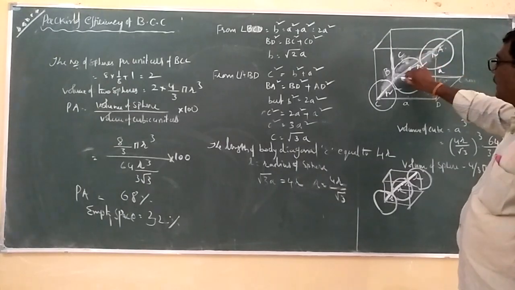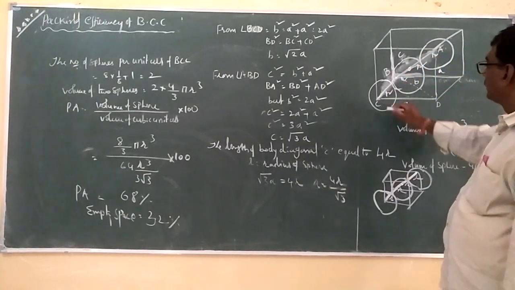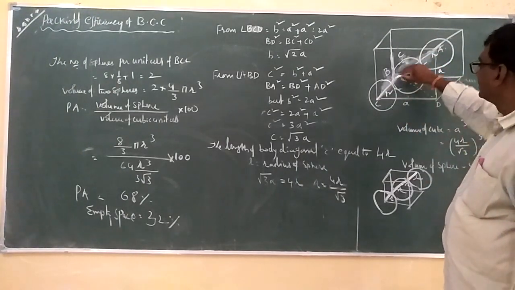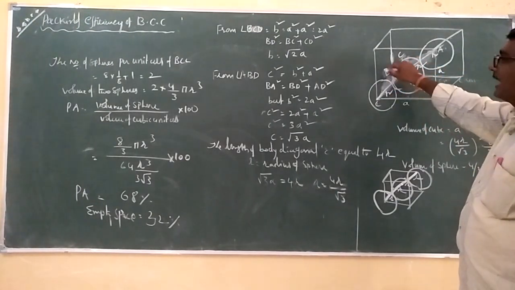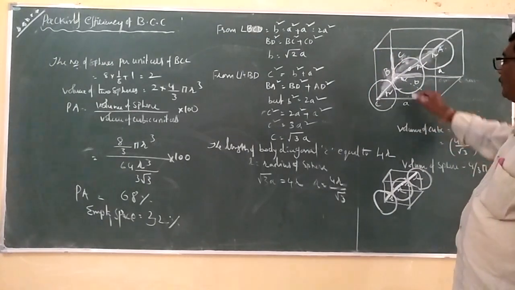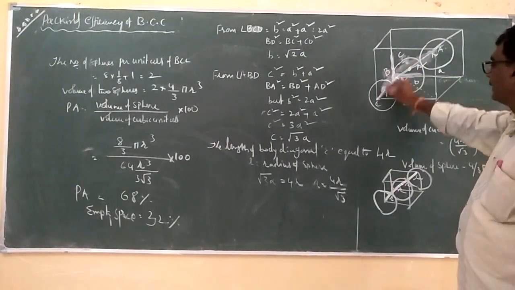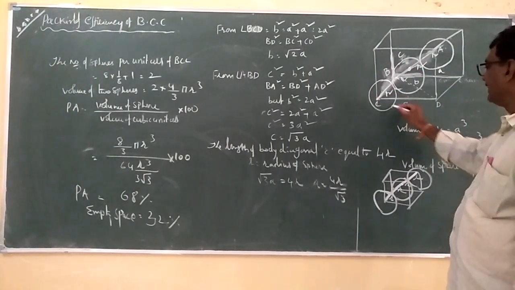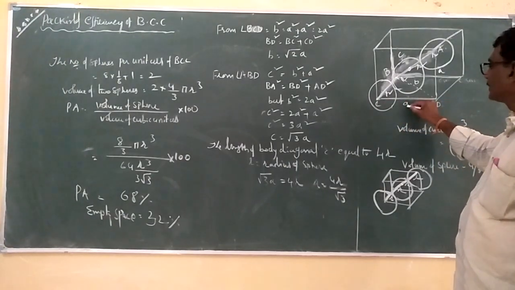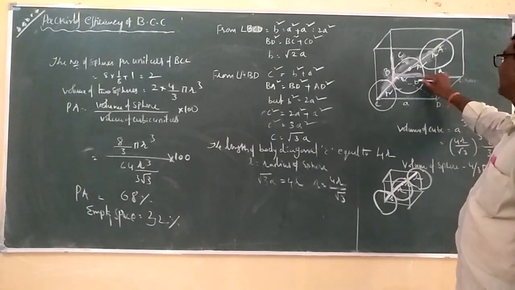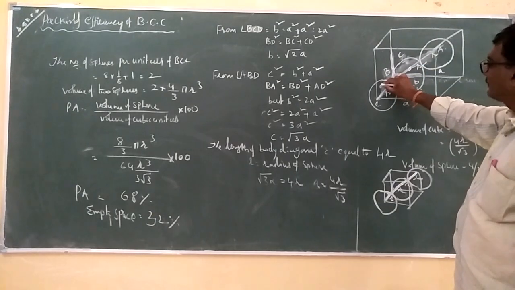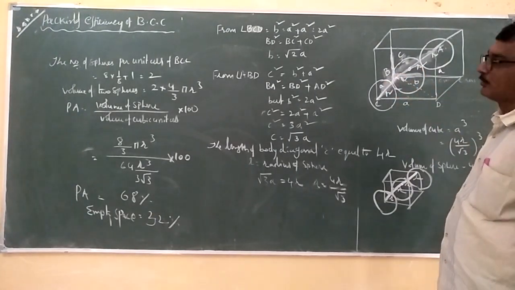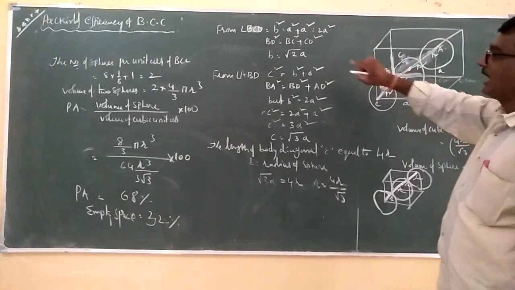Here the first triangle is BCD. In triangle BCD, the edge CD has length a, BC has length a, and BD has length b.